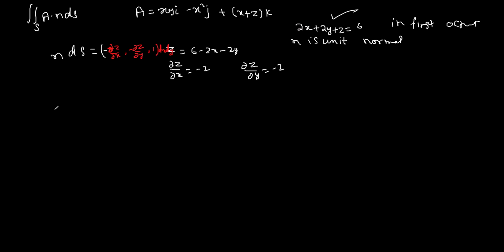Okay. So this is n ds. n ds becomes minus 2, minus 2 and 1, dx dy.